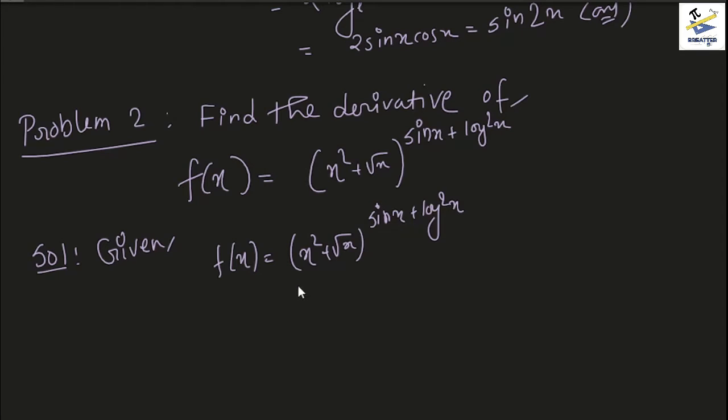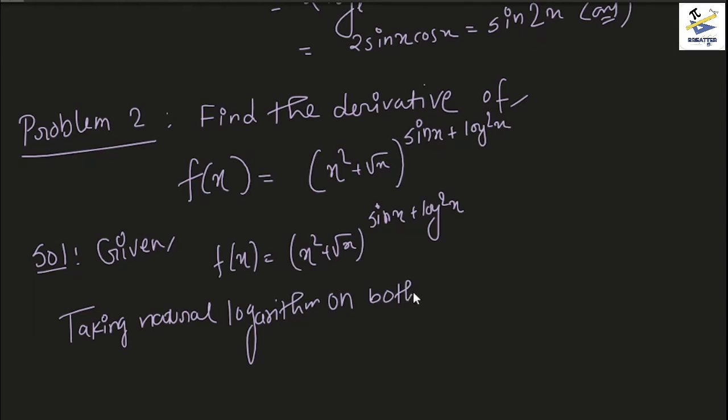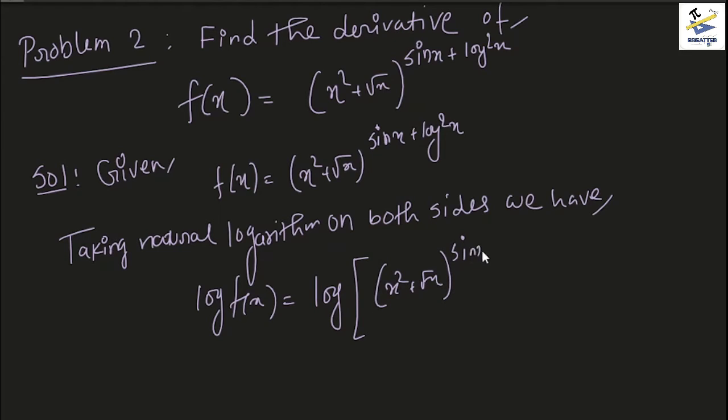And since it was given, we can see that taking log on both sides, we have log of f(x) is equal to log of this whole thing, x square plus root x to the power sin x plus log square x, right?